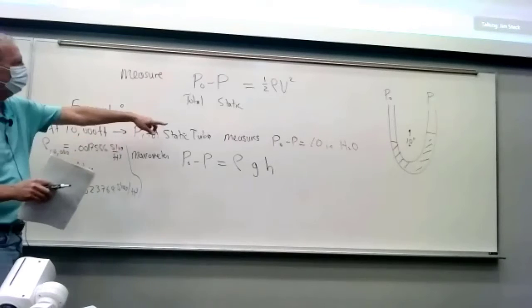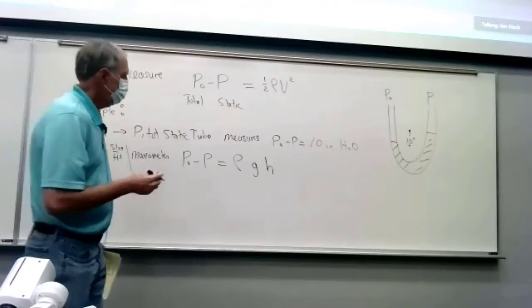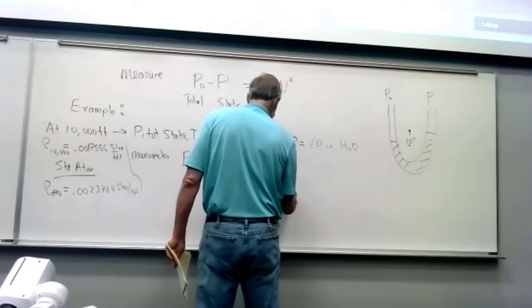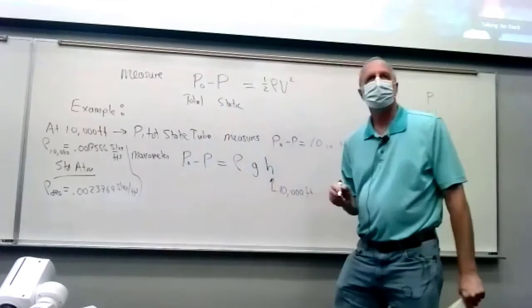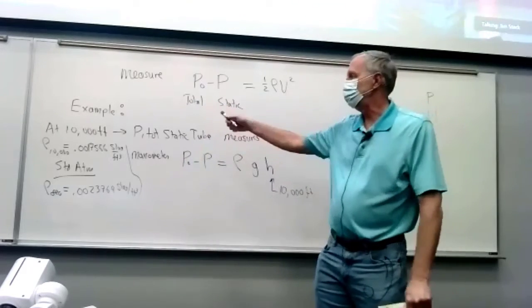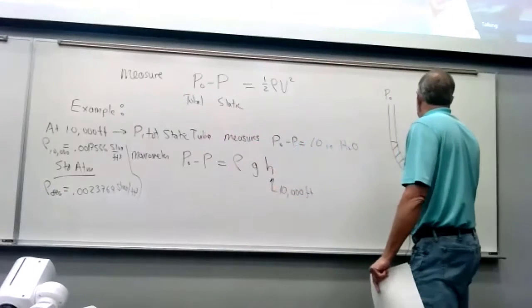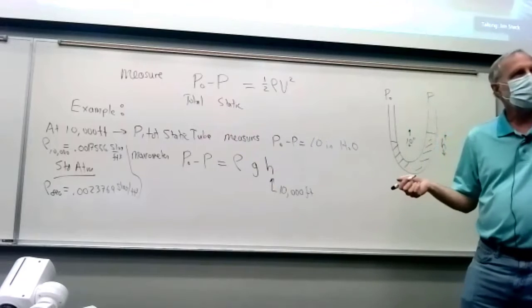We have a pitot-static tube measuring that. So we use the manometer equation. And if you're not paying attention, you might be tempted to plug in 10,000 feet here, because it's h, right? But h in the equation is not the altitude of the airplane. It's this distance on the manometer, because it's the manometer equation.